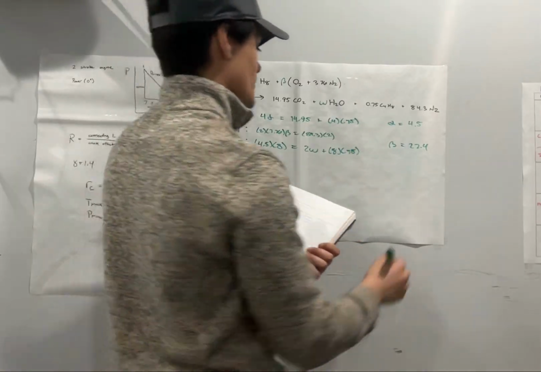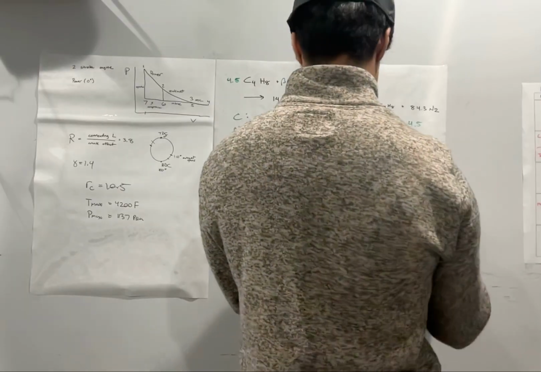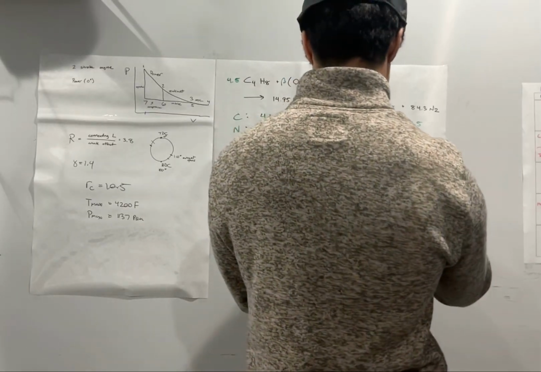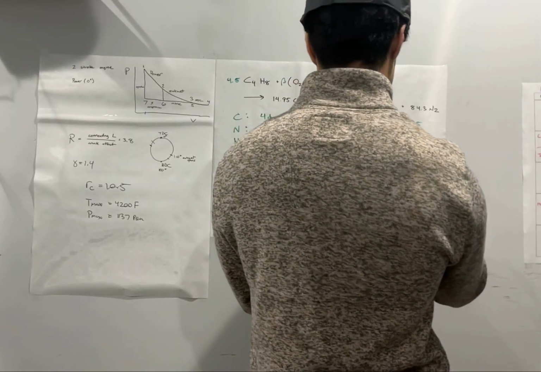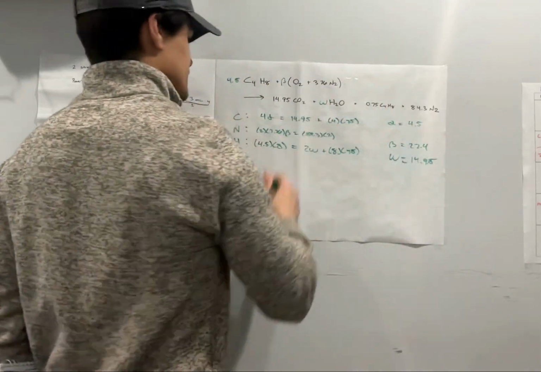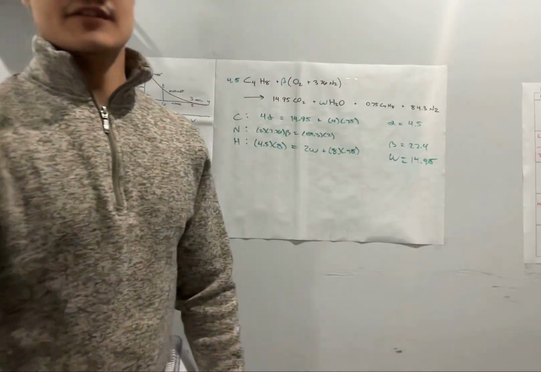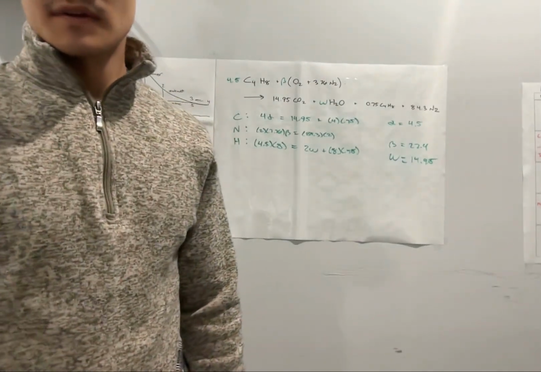And then if you solve for omega, you get 14.95. Plug those back in, and that's your balanced equation.